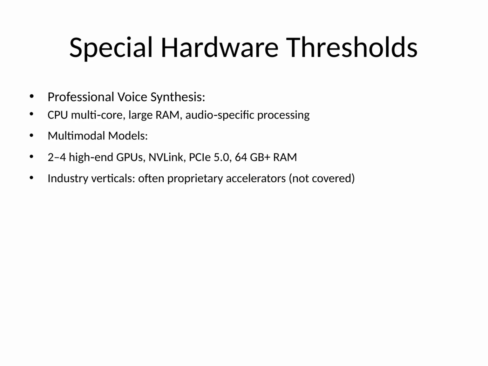Large system memory, often 64 gigabytes or more, is also common. In certain industry verticals, proprietary accelerators may be used, but those are beyond the scope of this guide. The key point is that different model types stress different parts of the system in very different ways.